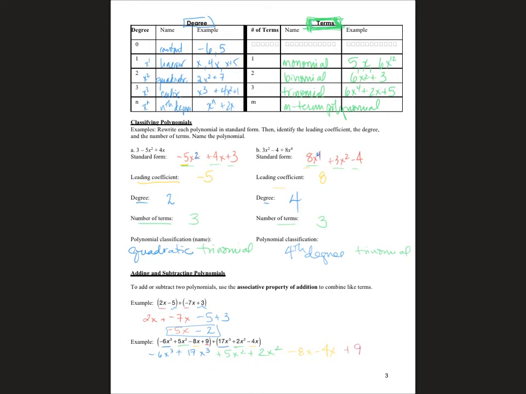And if I combine those, what am I going to get? I'm going to get 11x cubed plus 7x squared minus 12x plus 9. Final answer.